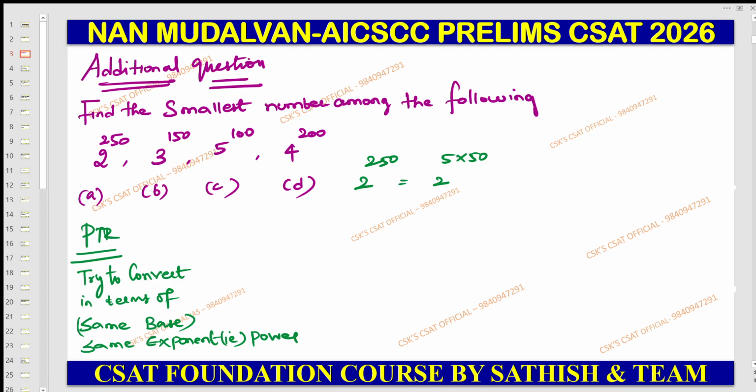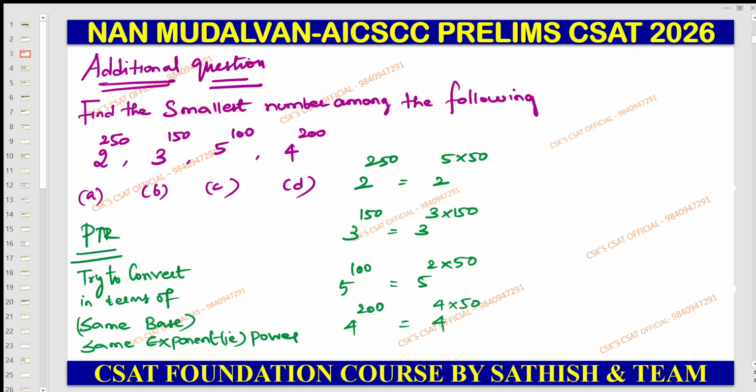So maximum you try to convert in terms of that. 3 power 150 can be written as 3 power 3 into 50. Next, 5 power 100 is nothing but 5 square, the whole power 50. Next, 4 power 200 can be written as 4 power 4, into 50.